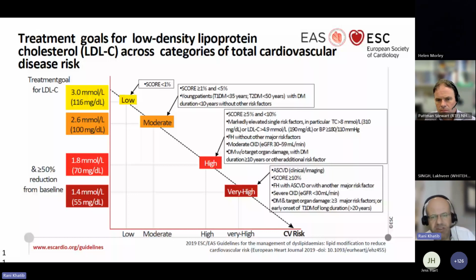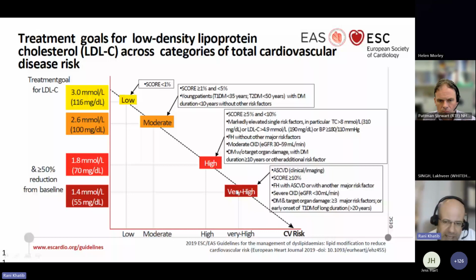That's primary prevention. If somebody's QRISK is 5 and above, according to ESC they are high risk, and therefore their LDL target is 1.8. Anybody who has atherosclerotic cardiovascular disease, whether clinical or on imaging, is very high risk according to ESC, and therefore their LDL target is less than 1.4.